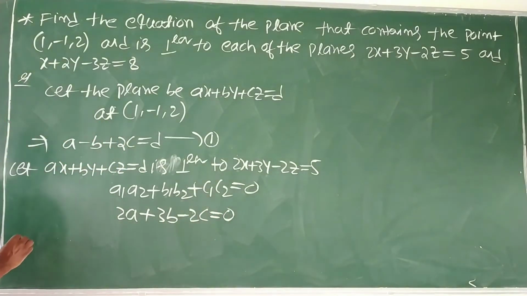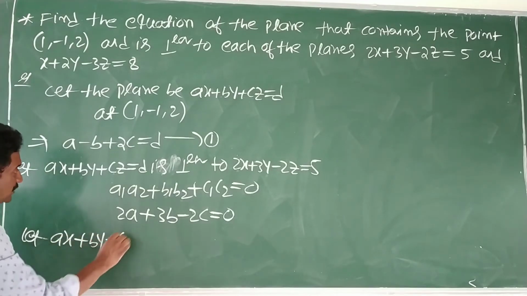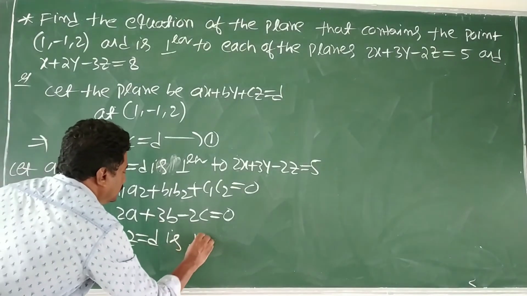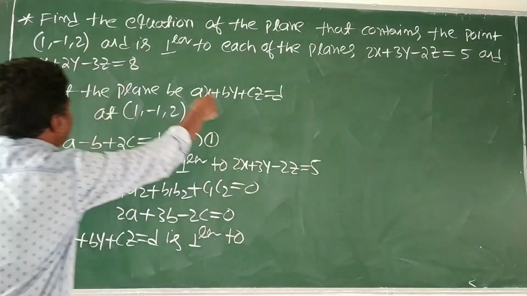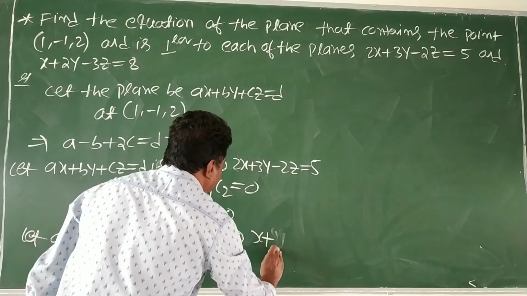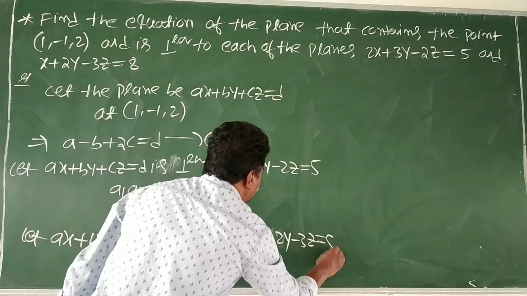Next, let ax plus by plus cz equals d be perpendicular to one more plane, x plus 2y minus 3z equals 8.